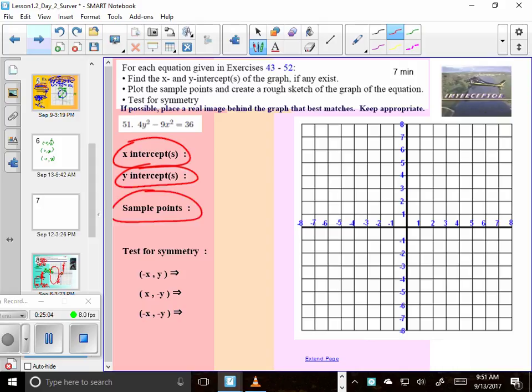To get a few more points to kind of flesh out how the graph looks, you can stick in anything you want. Do you think I'm going to have you stick in like 12? No, you're going to be squaring it and stuff. That's crazy. Stick in anything you want for x, figure out what y comes out to be. I recommend things like 1 and 2, maybe -1, some small stuff. Stick them in, see what comes up.